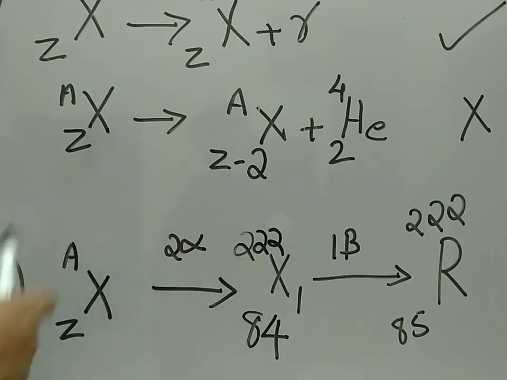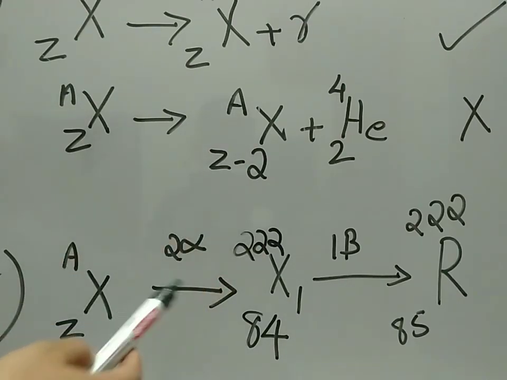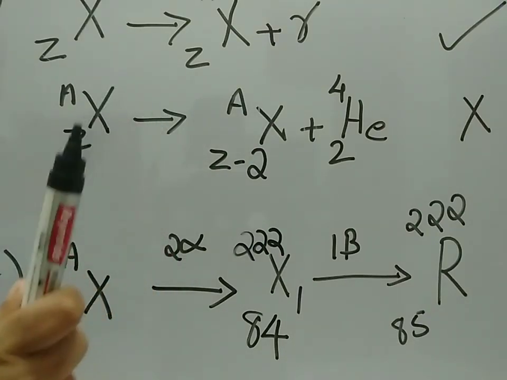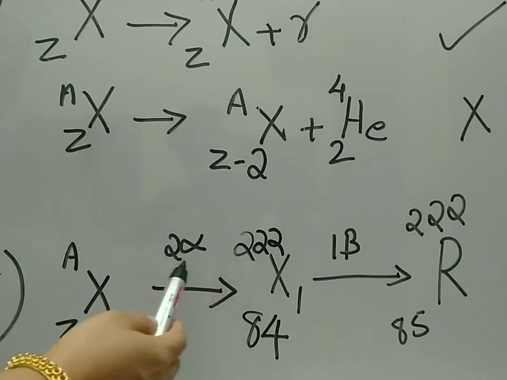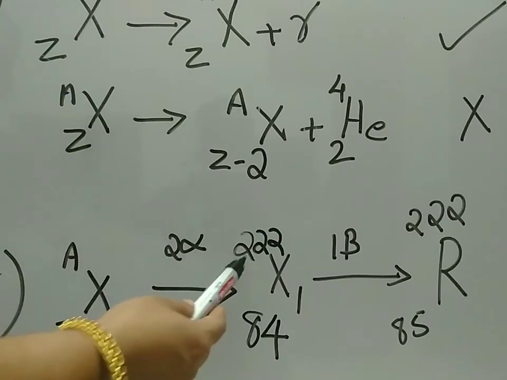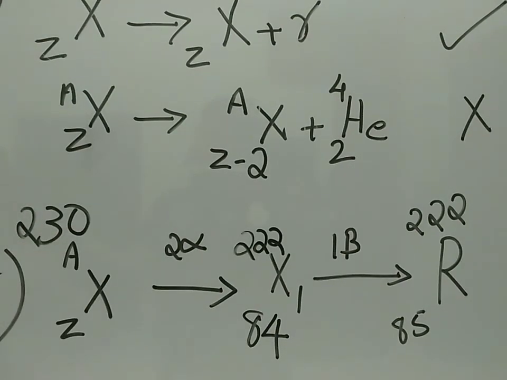But now we are going the reverse way, so what we have to do is add 4, He 4 2. So the mass number should increase by 4 when 1 alpha particle is emitted. Here there are 2 alpha particles, so 4 into 2 is 8. We have to add 222 plus 8, and you will get 230.